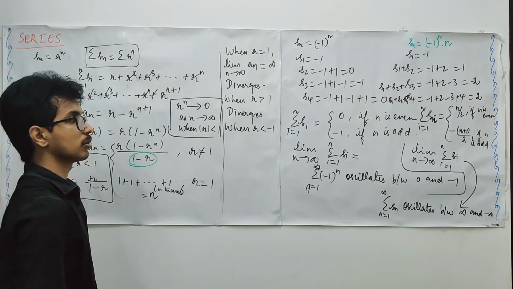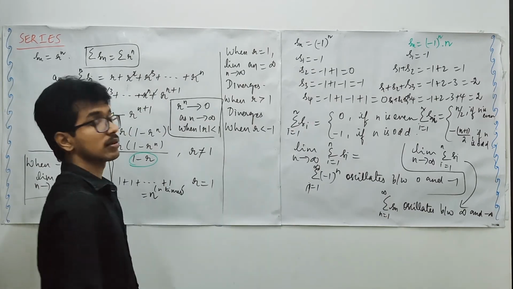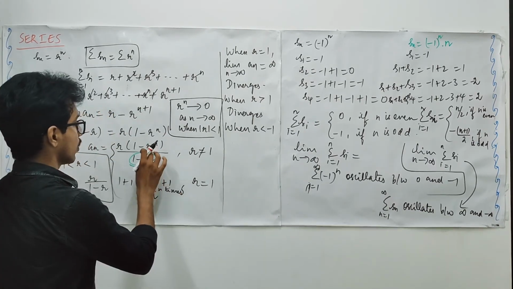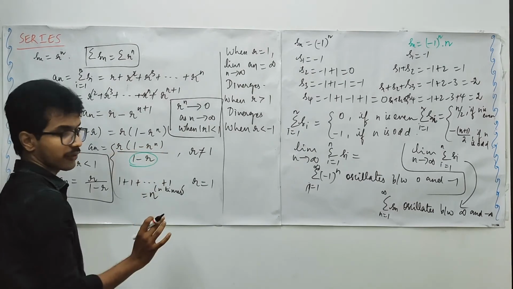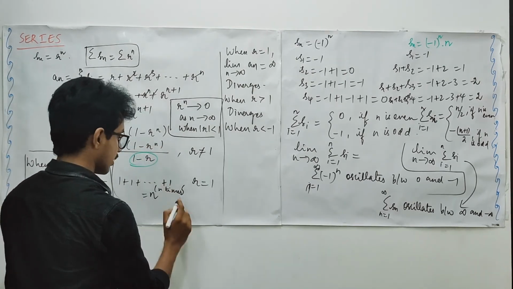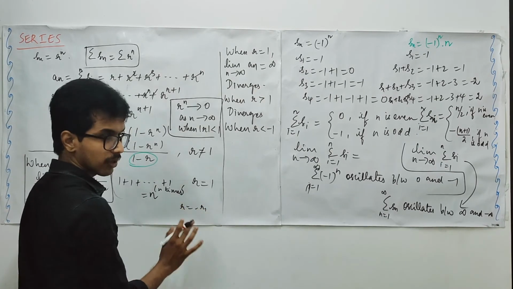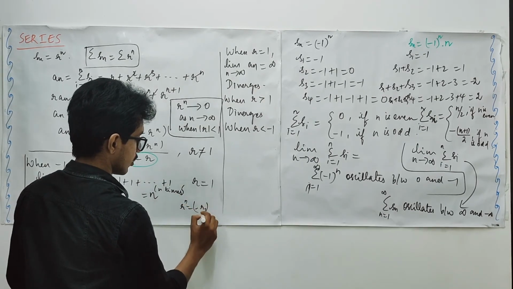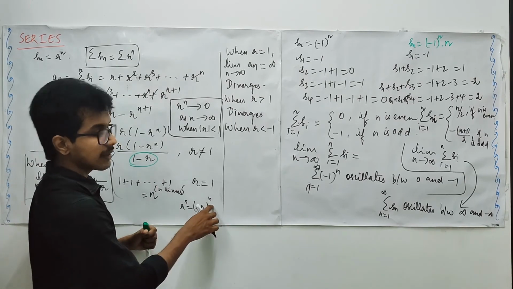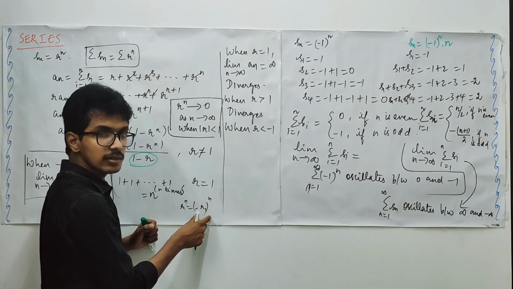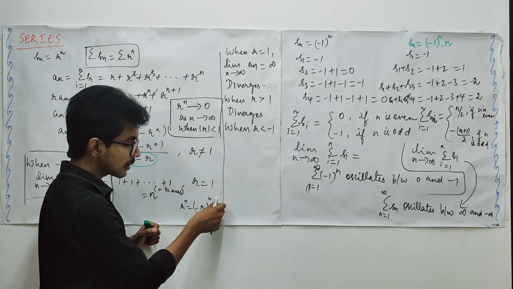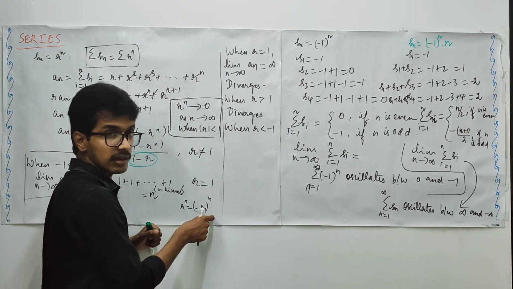Now let us come to the case when r is smaller than minus 1. R is a negative quantity, so let me write r as minus r1. When you raise it to an even power, it is positive. When you raise it to an odd power, it is going to be negative.